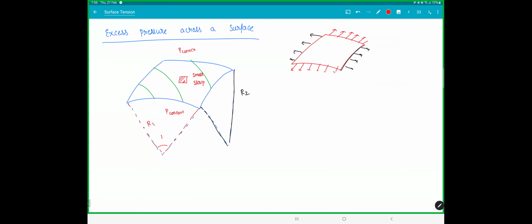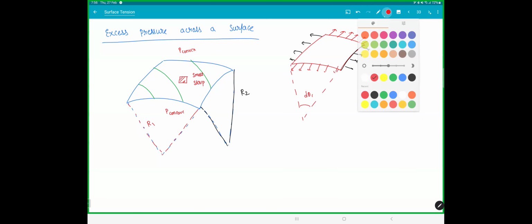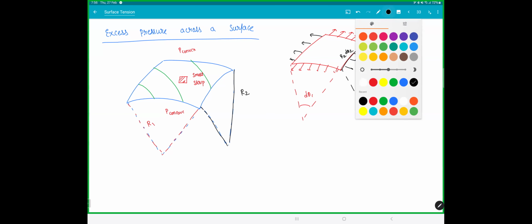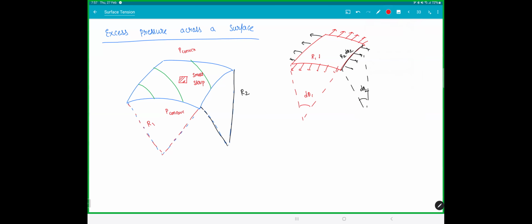Let's take this angle to be d theta 1, and this angle to be d theta 1. Derivation is not important. This is d theta 2. So this length will be R2 d theta 2. This length will be R1 d theta 1.